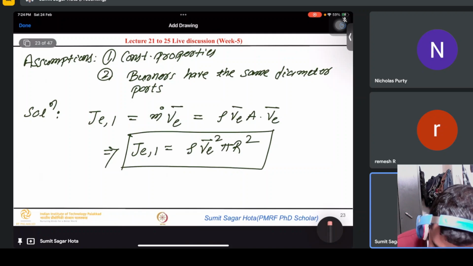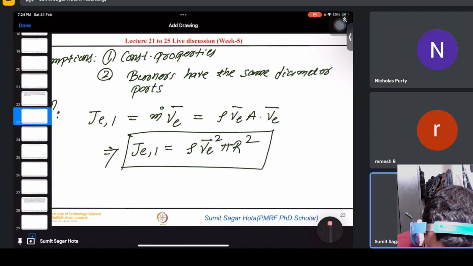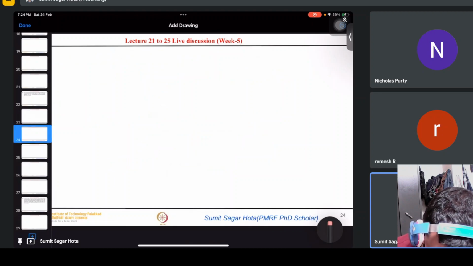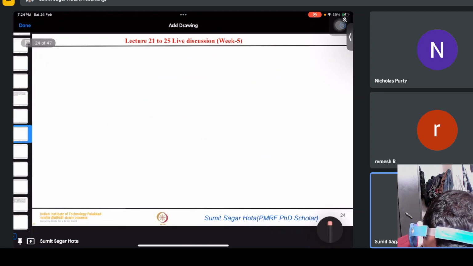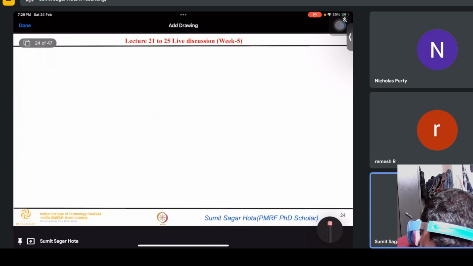Now let's go to the second case. Basically, for finding the mass flow rate for a variable velocity profile based circular port, what we can do is take the integration.